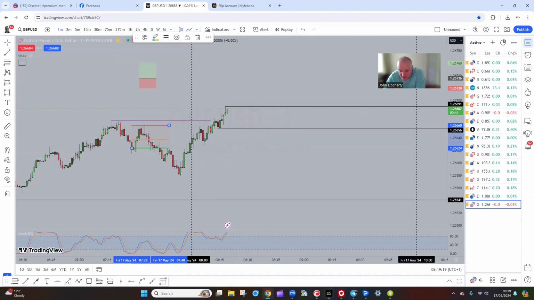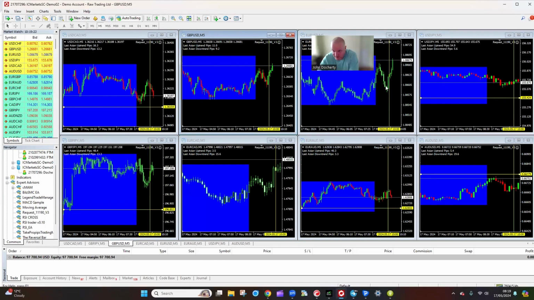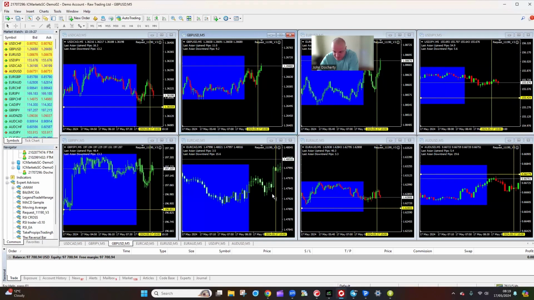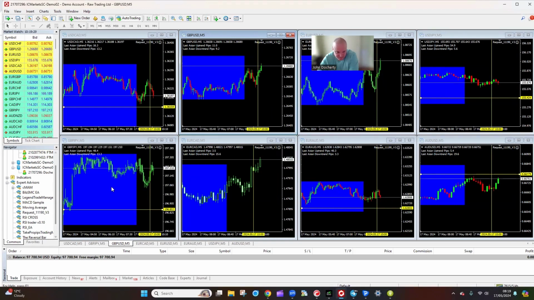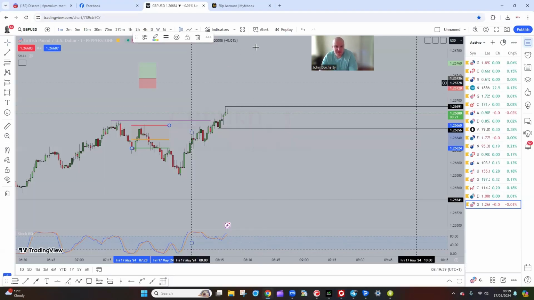Just while that's going on, I'm just going to take a look to make sure the London entry is setting up. Yep. Then we'll come back to the regular setup.